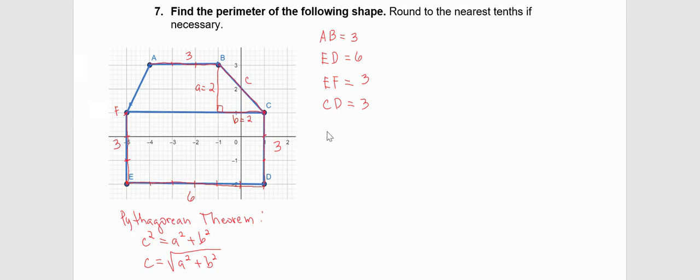So the length of line segment BC is the square root of A squared plus B squared. By substitution, A squared becomes 2 squared, B squared is 2 squared. 2 squared is the same as 2 times 2, which is equal to 4.